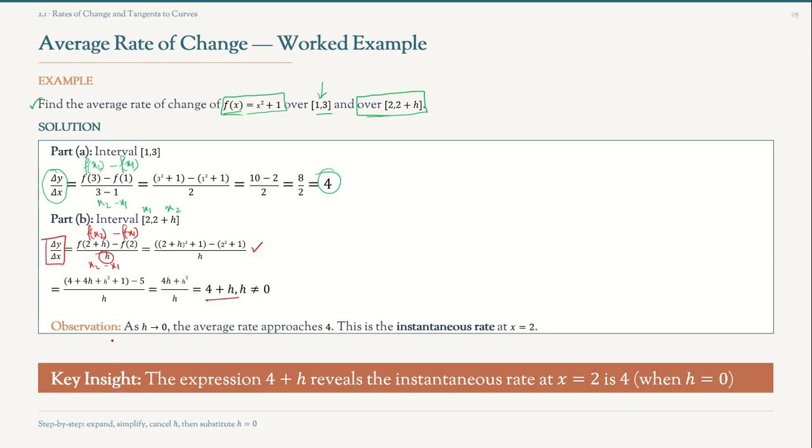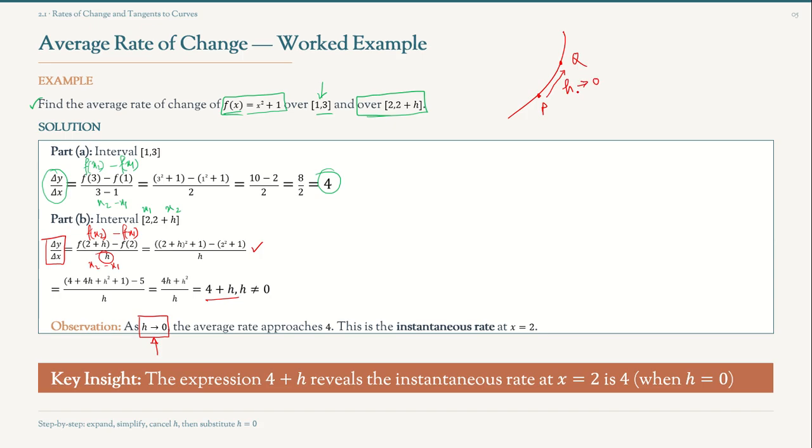So as an observation, if h tends to 0, what does it mean? That means if the value of h approaches 0, the change is very little. If we move from P to Q, if P approaches Q, then h approaches 0.